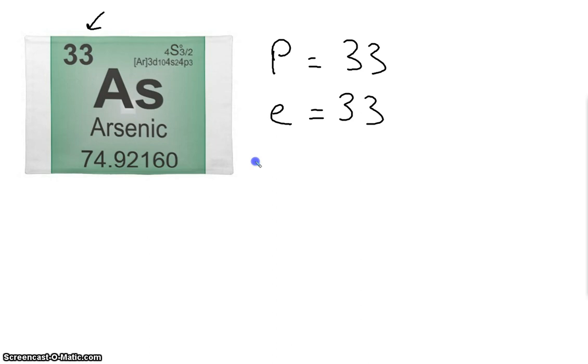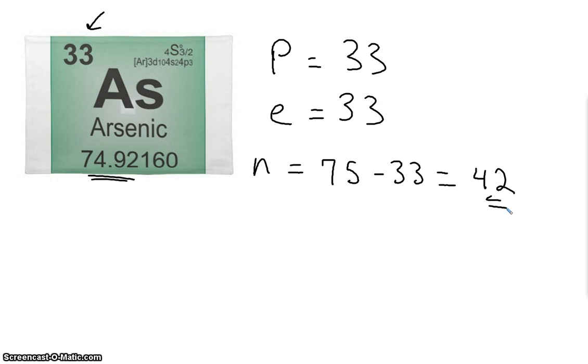And in this case, the number of neutrons is going to be equal to the atomic mass, or mass number. Again, this one will round up, so it's going to be 75. Subtract the atomic number, and so we're going to end up with 42 for our number of neutrons.